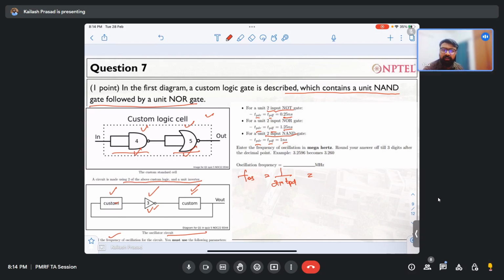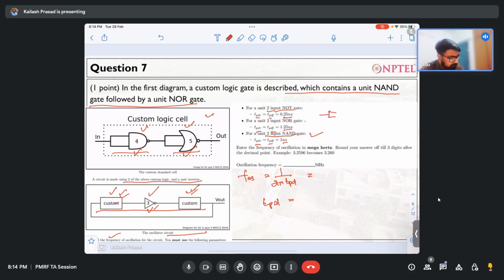To calculate this, I just have to see the critical path. This is my path, and to find out TPD, this is the custom path. In the custom path I have two custom cells. If I see only the first NAND gate, there are two NAND gates in this path. The circuit will look like this.